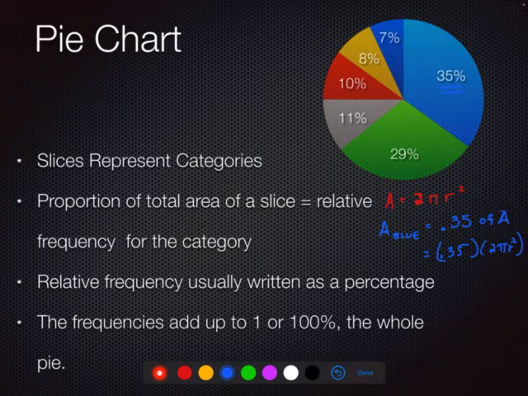So this blue section is actually 35% of the whole entire area. This 29% is 29% of the entire area.